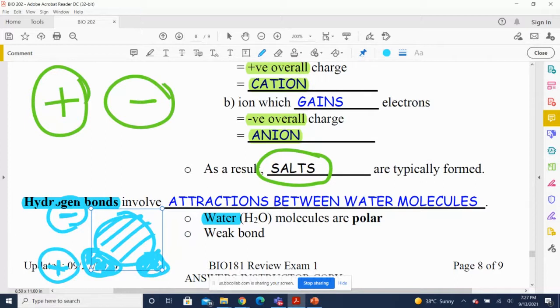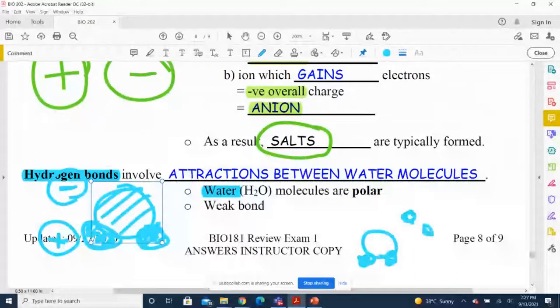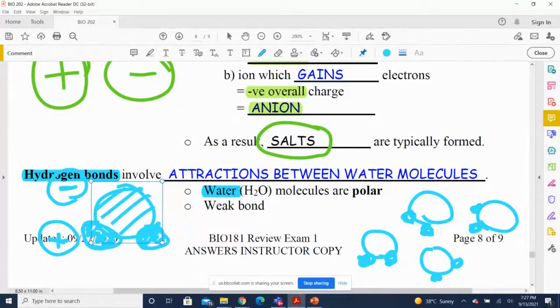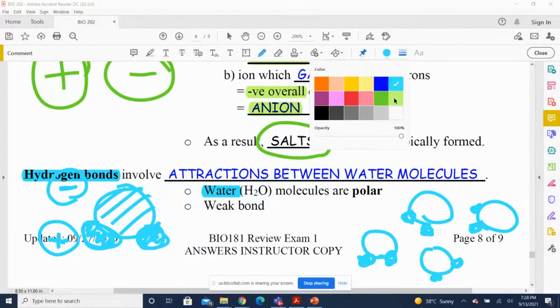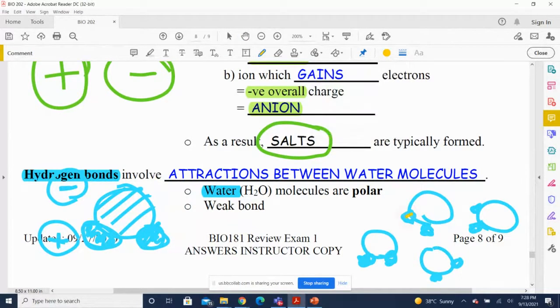Well, what happens is that when we have a bunch of these water molecules in a substance, this slight positive and negative charge difference causes all of these molecules to be attracted to each other, so that the slightly negative ends of the oxygens are attracted to another water molecule's slightly positive hydrogen end.